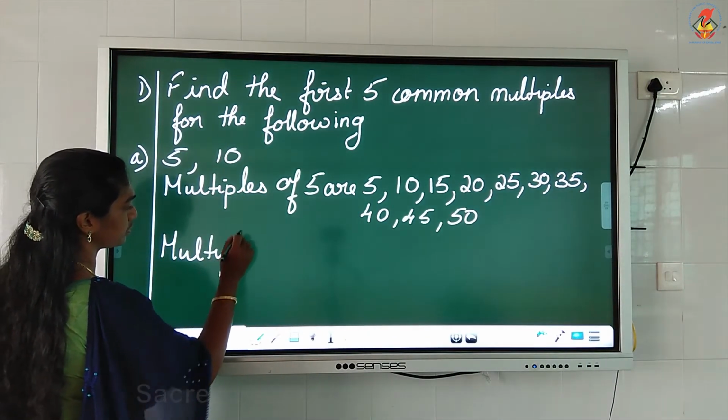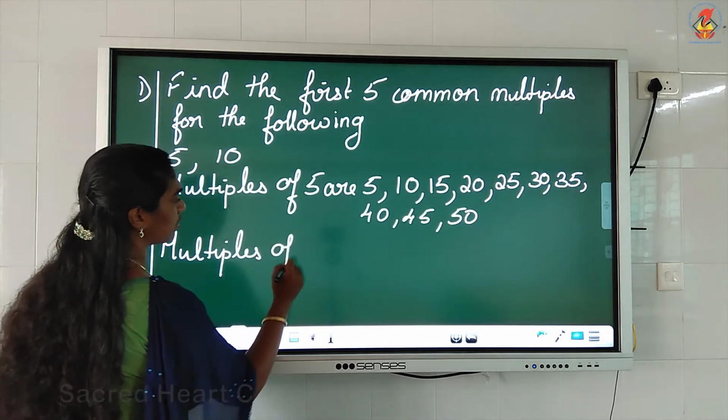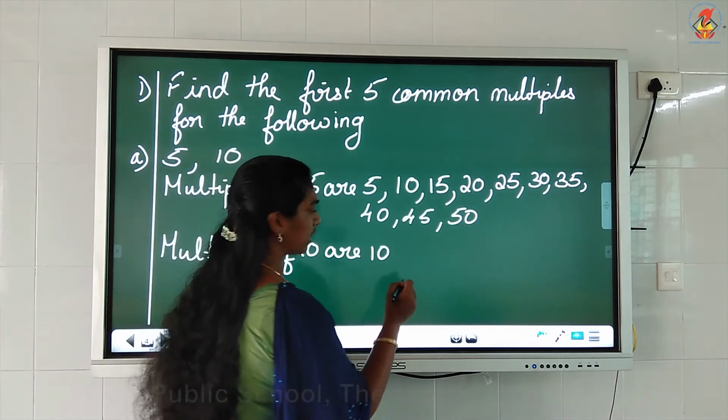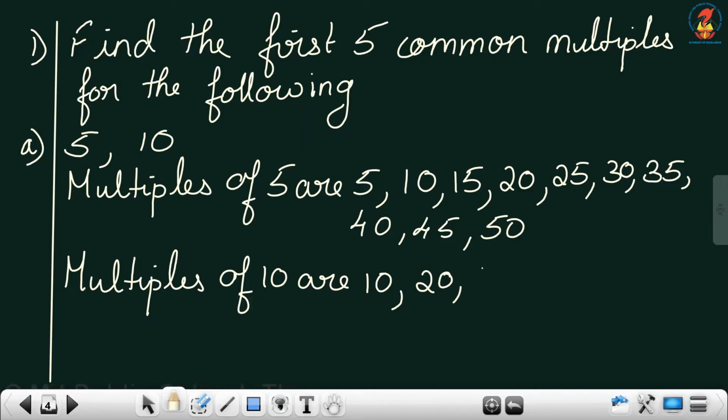Which are the multiples of 10? 10 ones are 10, 10 twos are 20, 10 threes are 30, 10 fours are 40, 10 fives are 50. I am stopping it for the time being. They have asked me the first 5 common multiples.